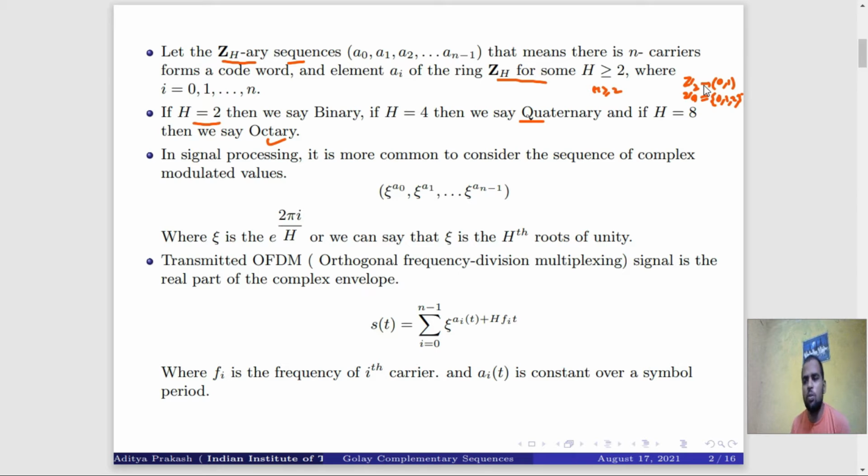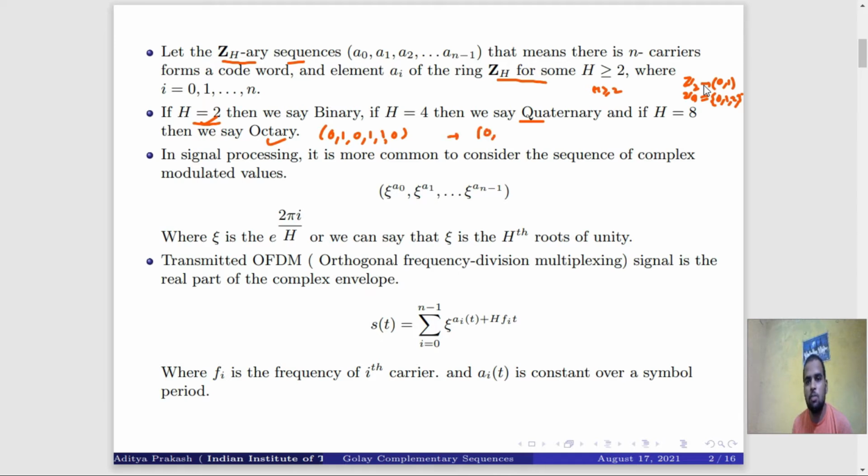Suppose we take h equal to 2, then the sequence is formed in such a way as 0 1 0 1 1 1. Every element in this sequence is only 0 or 1, not 2, 3 or 4. If after some calculation we get a 2, we divide by 2 and the remainder is 0, so it is written as 0.